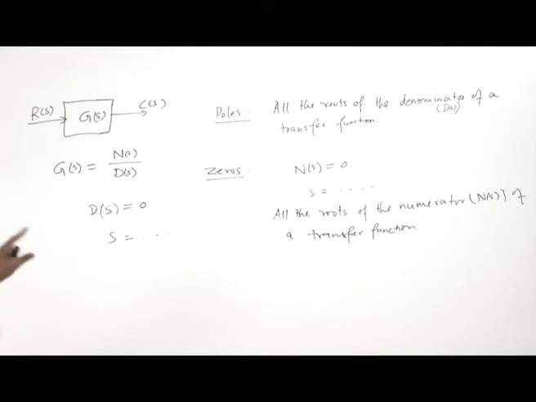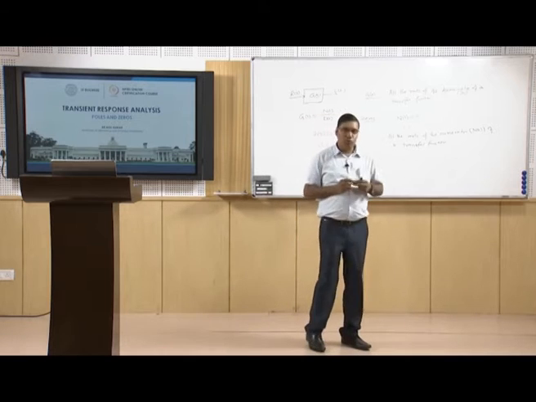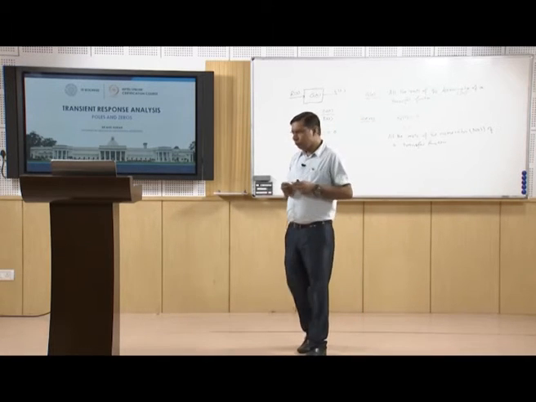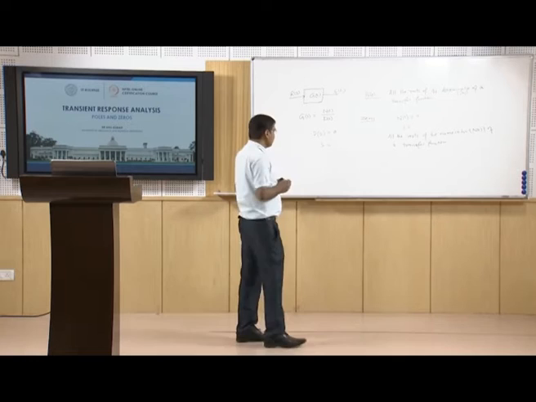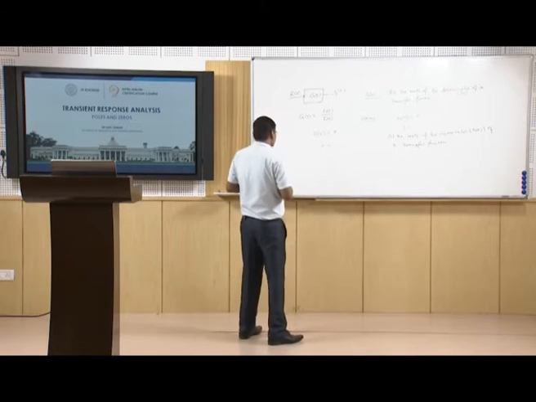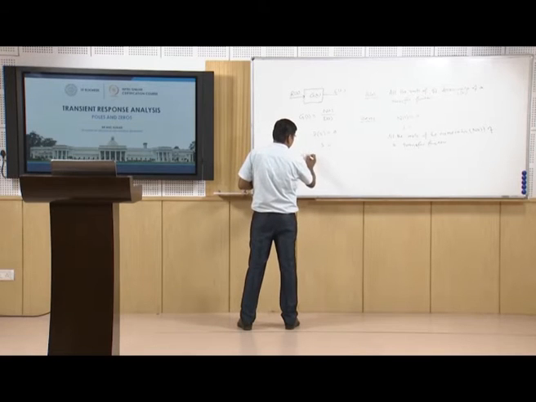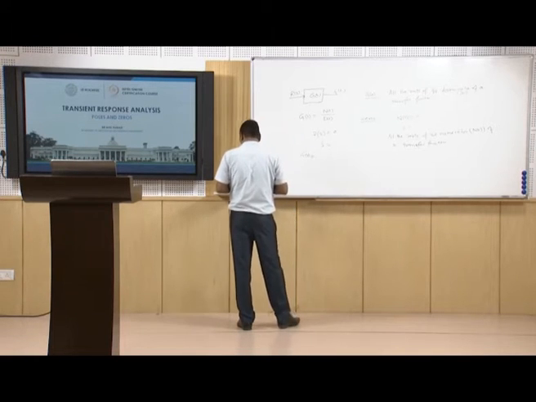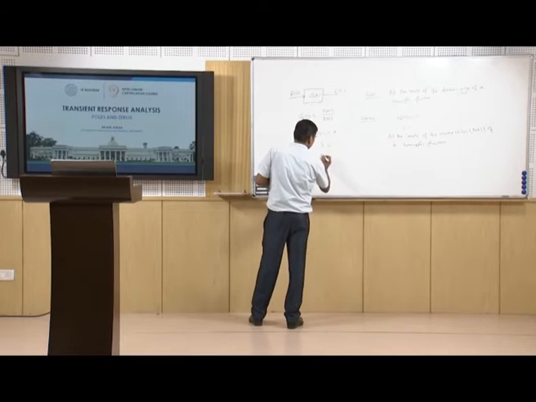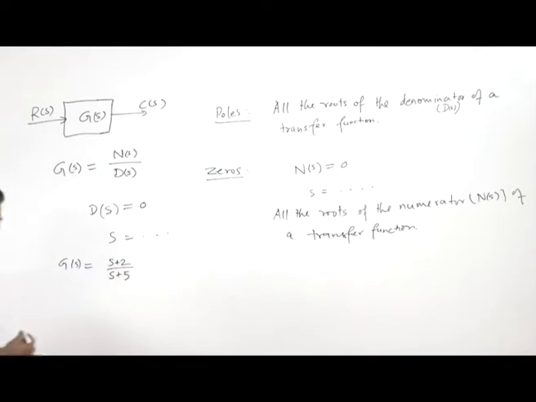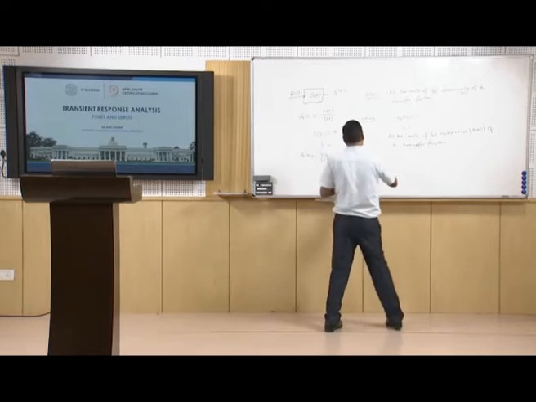So here we have defined the poles and zeros. Let's take one example. Let's take G(s) equal to s plus 2 upon s plus 5. We want to know the poles.